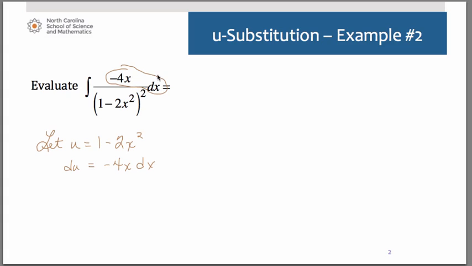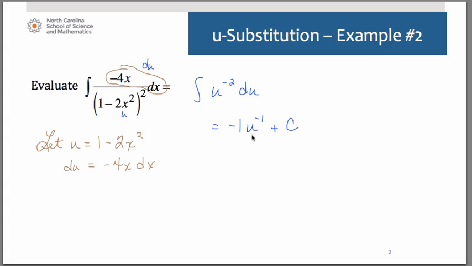As we rewrite this then, remember this whole part becomes du, 1 minus 2x squared, that's our u. Now we're going to bring that up to the numerator because it's going to be much easier to take the antiderivative then. And all we're doing is the antiderivative of u to the negative second du. When we take our antiderivative of that, we get negative 1 u to the negative 1 plus c.